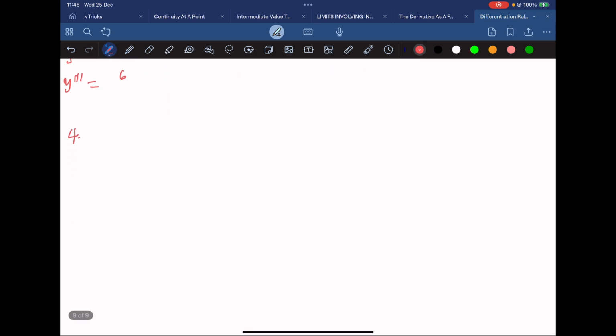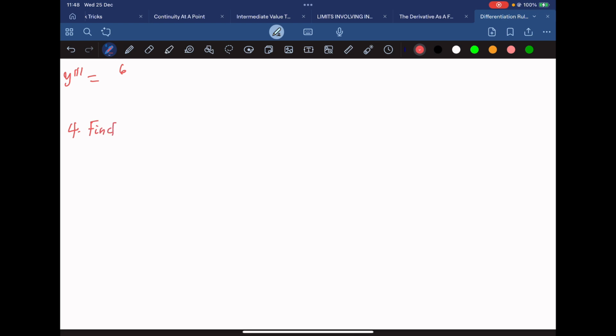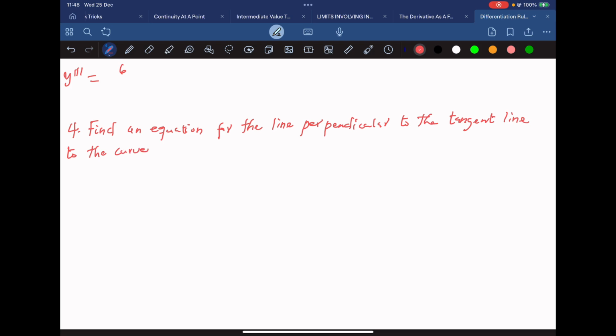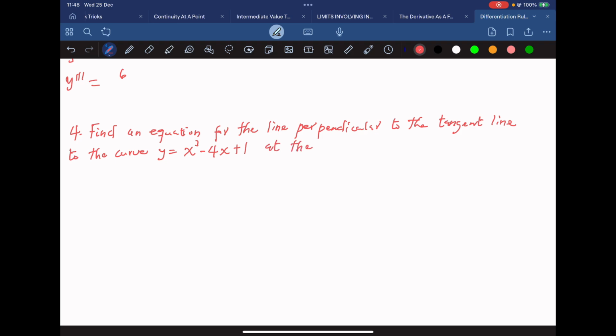For question 4, we have to find an equation for the line perpendicular to the tangent line to the curve y equal to x^3 − 4x + 1 at the point (2, 1).